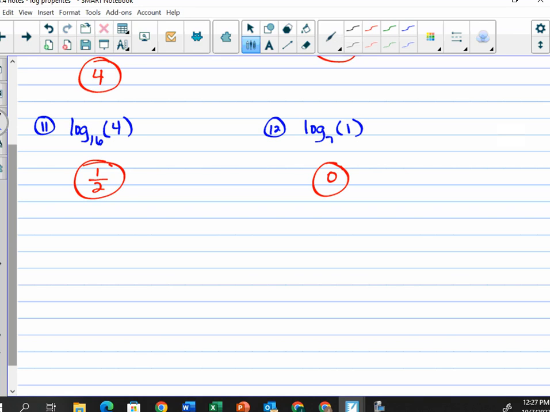Let's do 2 more in this little group. I'll write both of them. Log base 27 of 9. And natural log of e. How do I write that? Just ln.